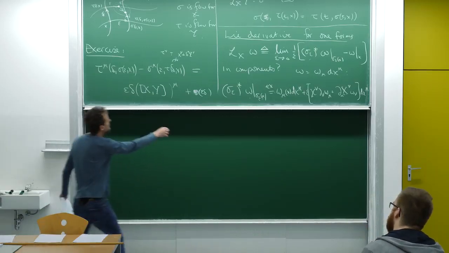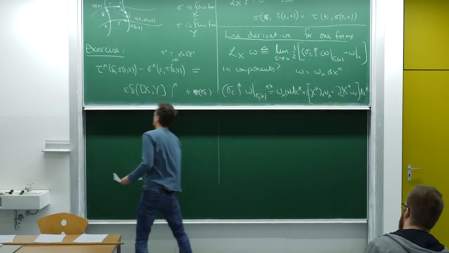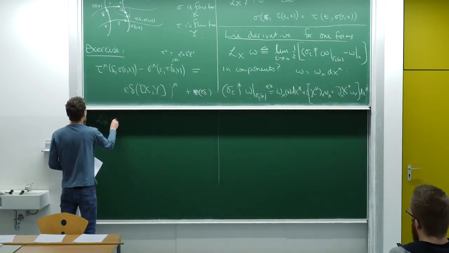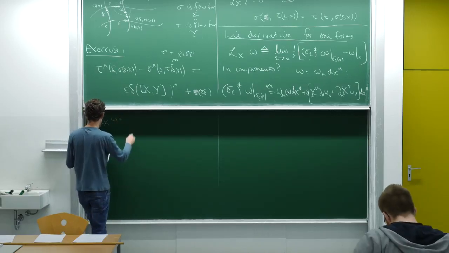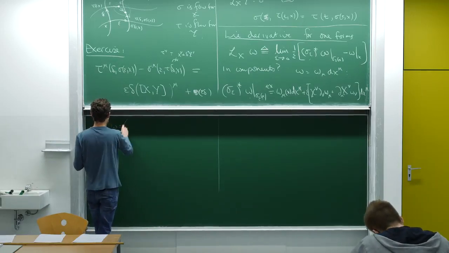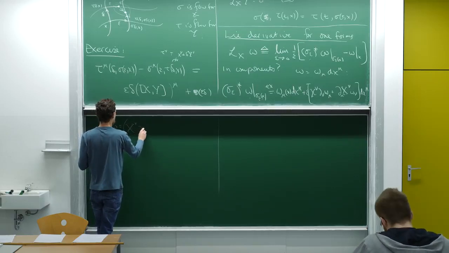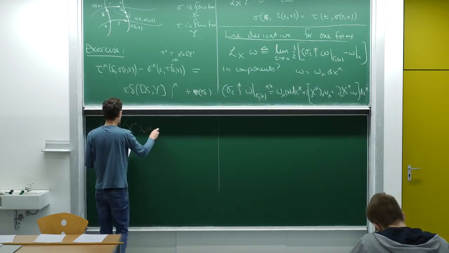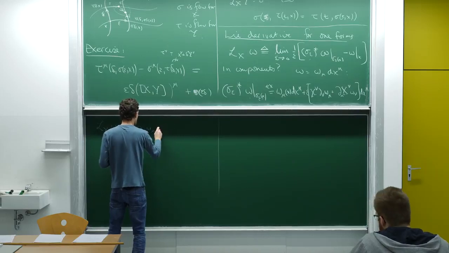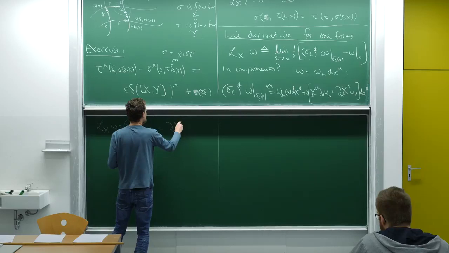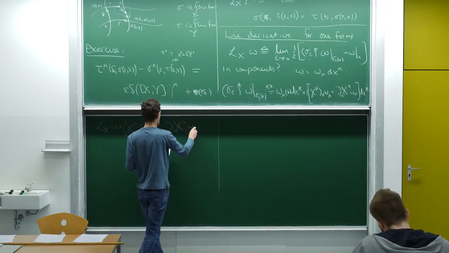So a consequence of this little exercise here is the expression for the Lie derivative of a one form, namely in components, x^ν ∂_ν ω_μ minus ∂_μ x^ν ω_ν.